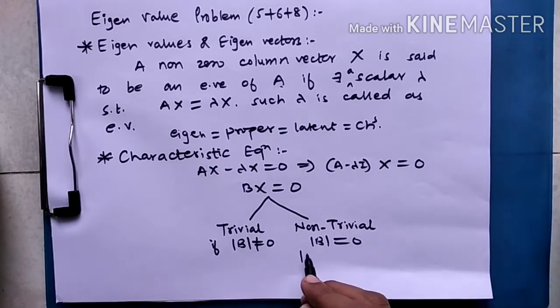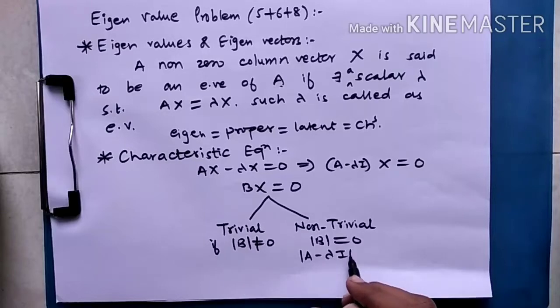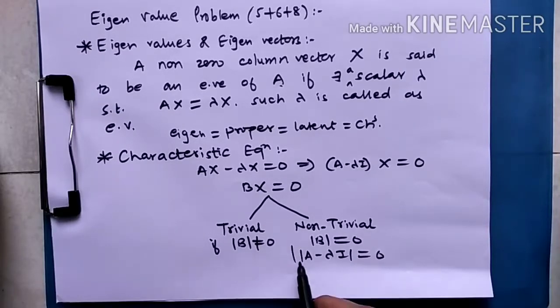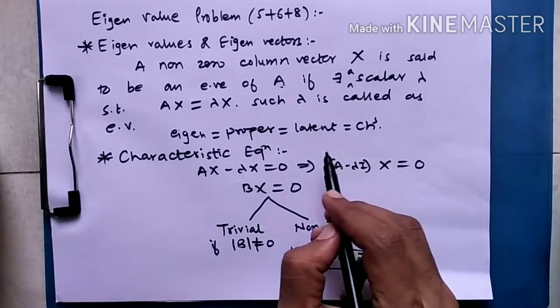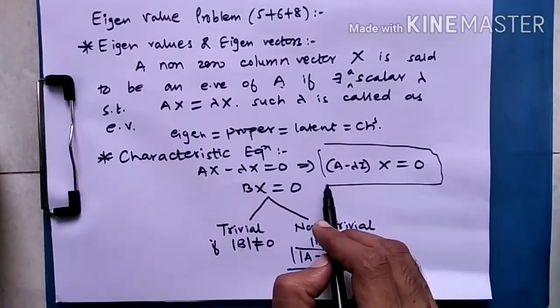What is B? B is A minus lambda I. So this is called as characteristic equation. Determinant of A minus lambda I equal to 0. And we need this to find eigenvalues. A minus lambda I equal to 0 in the determinant, solving which will give you the required eigenvalues. And then we can find corresponding eigenvector just by solving this equation.